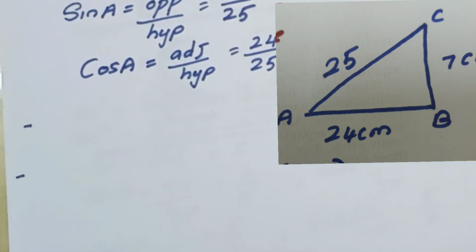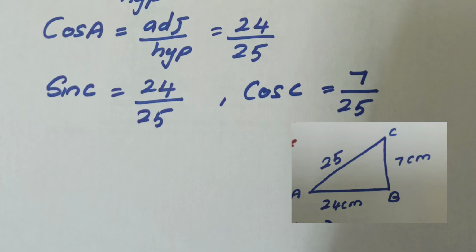Now the same way we have to find sin C and cos C. So sin C. See, what is sin C here? Side opposite to C is AB, that is 24 by hypotenuse.